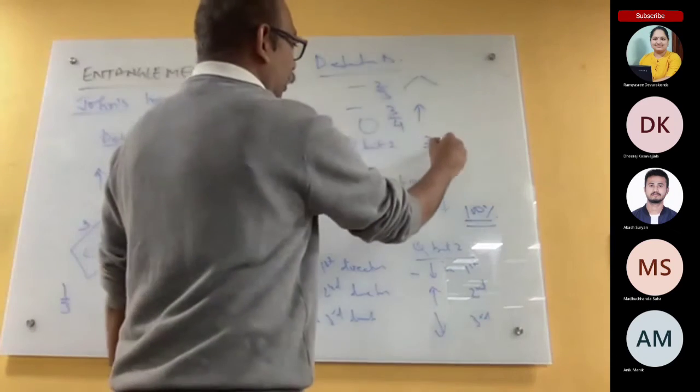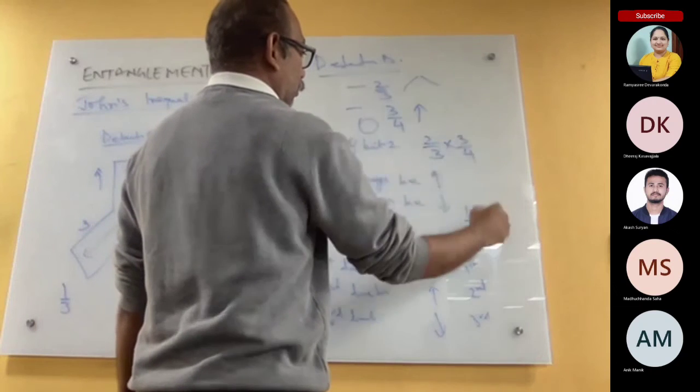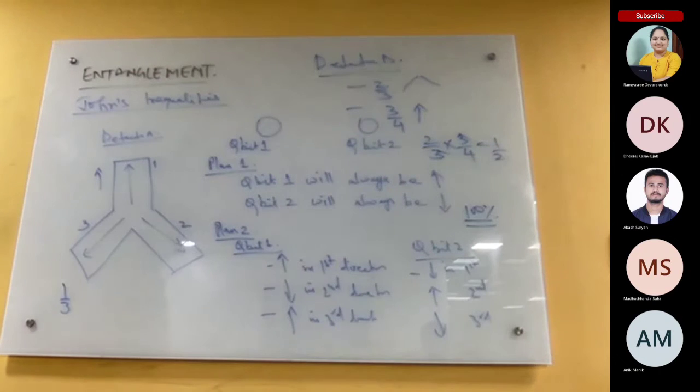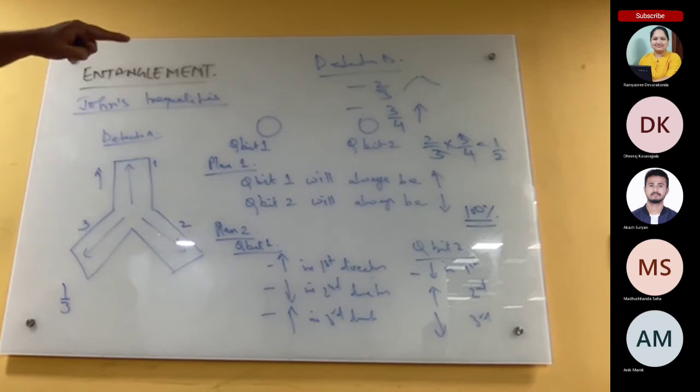So if you say 2/3 by 3/4, half the time it will come up there, and 1/3 of the time it will come up here. 2/3 into 3/4, so basically half the time it will come up and half the time it will come up here.